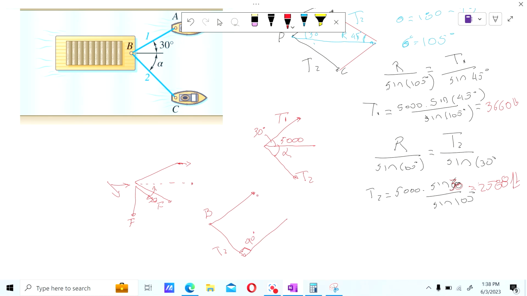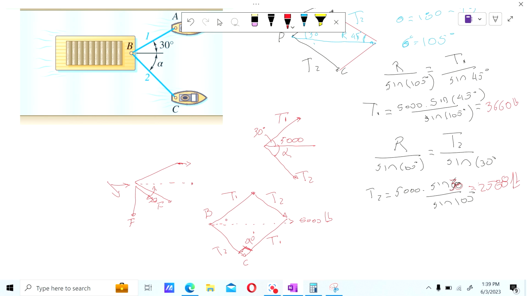That is the minimum angle that we would need, because if you draw your resultant force, which is 5,000 pounds, you would have T1 here, T1 here at point C, and T2 there, and T2 there.